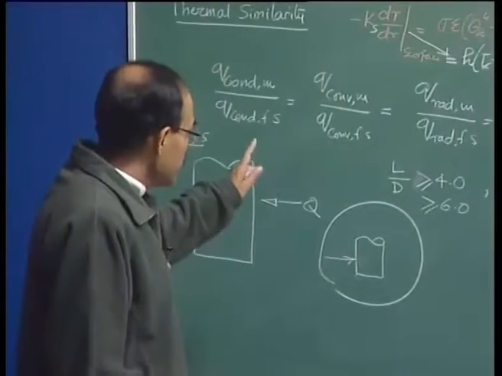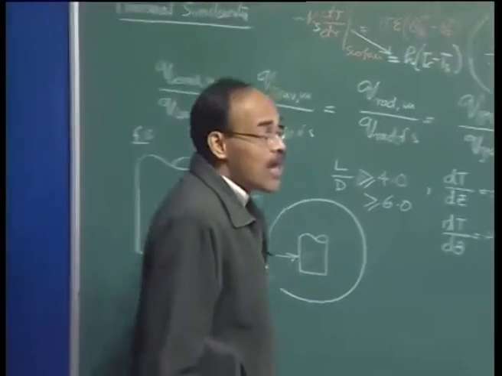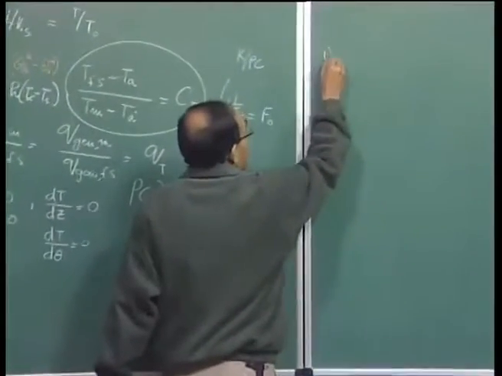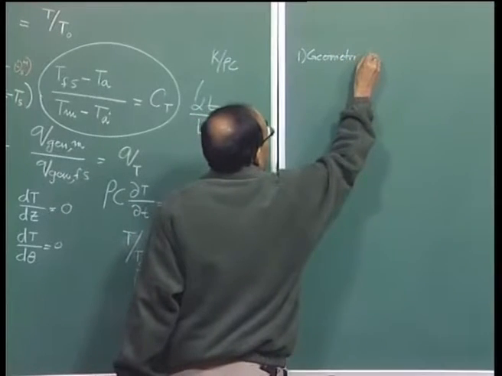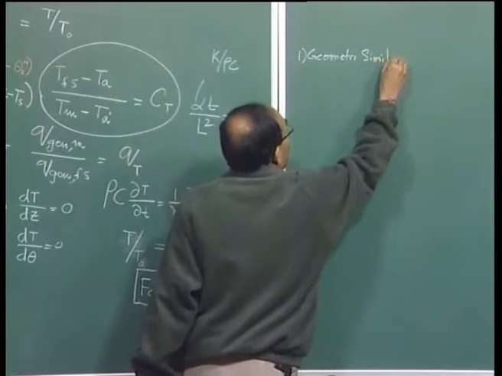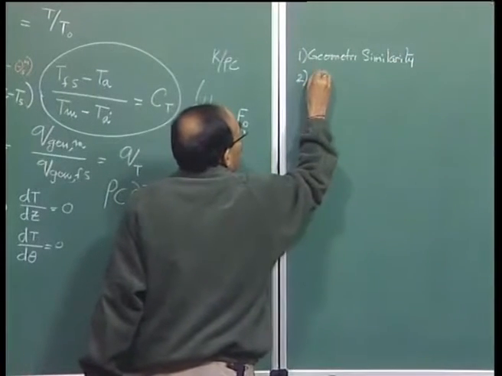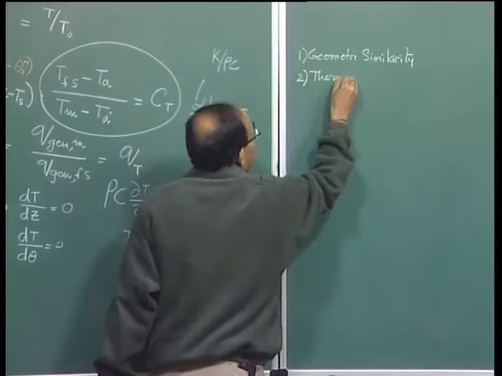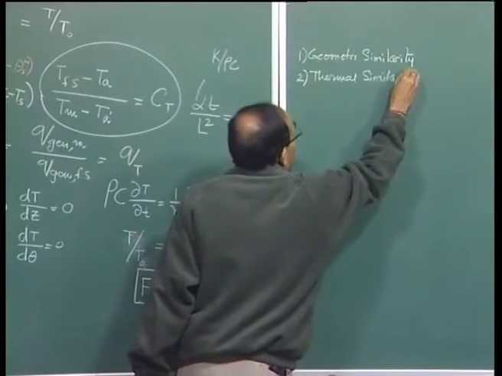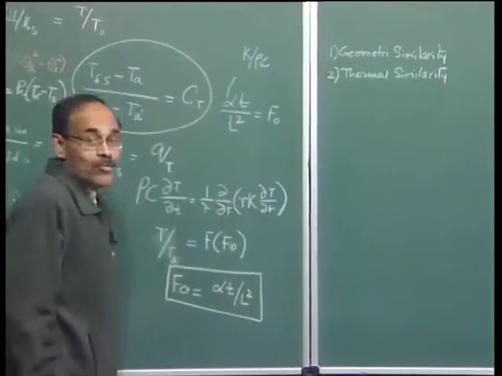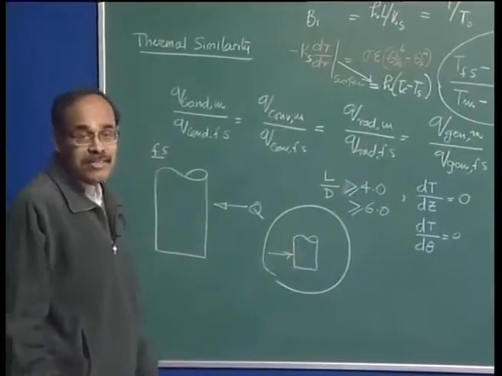So, when such a problem is to be investigated, we must understand that we are talking here about geometric similarity, and straightforward we will talk about thermal similarity. In this case, the domain for which we are trying to get thermal similarity between this and that, these two objects, are solid.